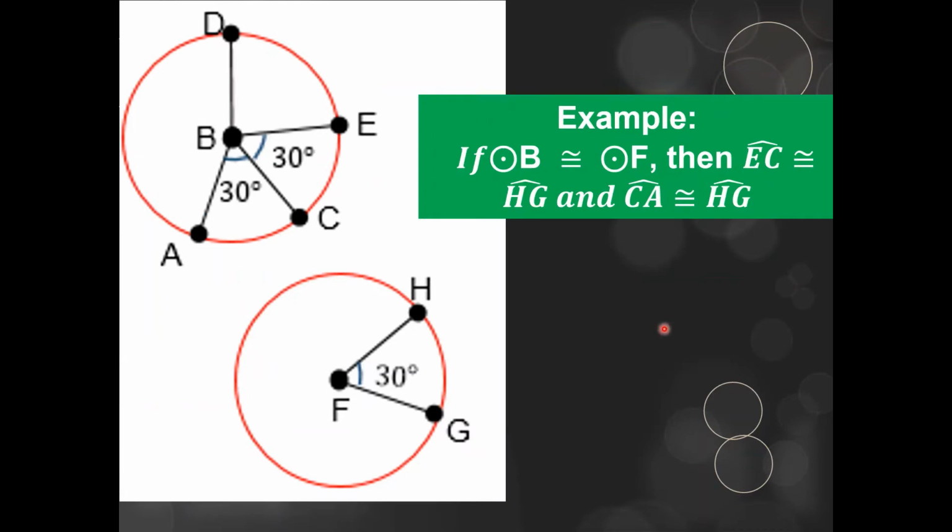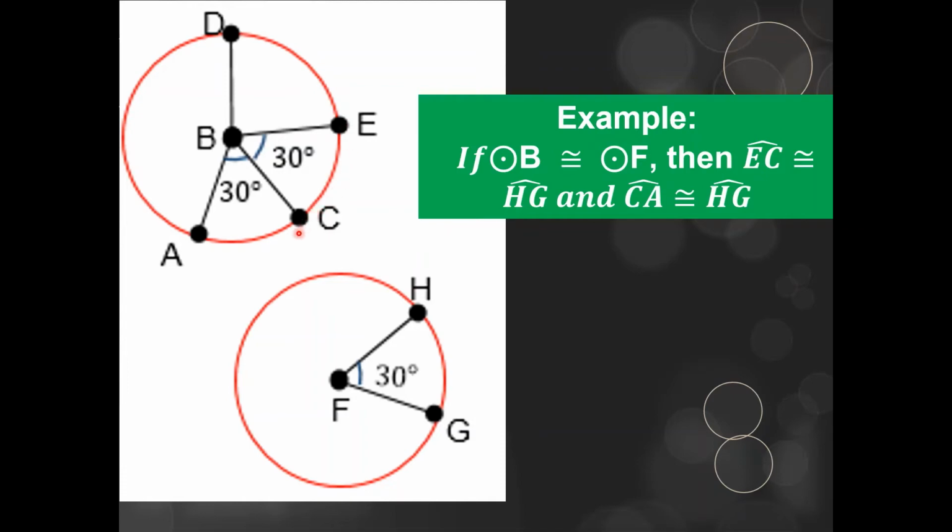Another example of that statement is this one. We have here two congruent circles, circle B and circle F. It states here that if circle B is congruent with circle F, then arc EC is congruent with arc HG and CA is congruent to HG. Why? Dahil dito sa unang circle, si angle EBC ay may measurement na 30, so yung intercepted arc niya na EC is also 30 degrees.